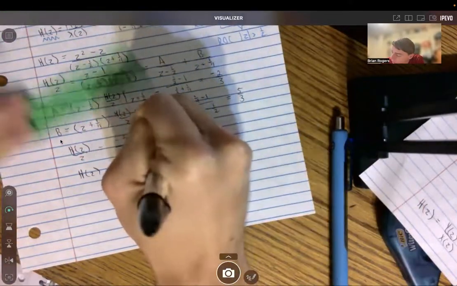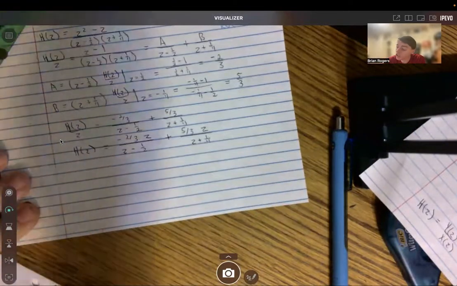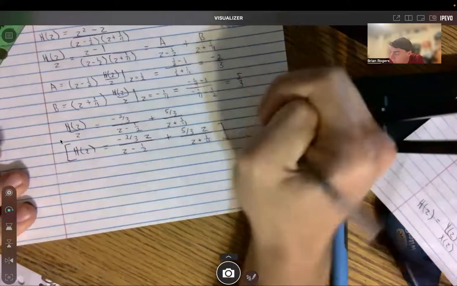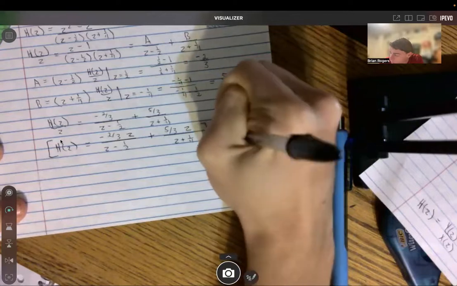Now that we got that, we're going to have to divide by the largest power of z in our numerator and denominator. Remember, it's the secret trick of divide by 1. So it's divide by z all over z.